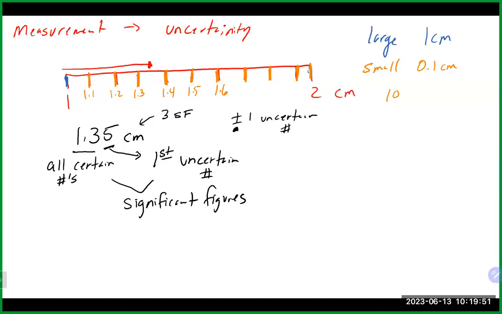Now, it's really important that you always look at the scale that you're using, be it a ruler like this, for example, or a graduated cylinder that has some measurements on it. So, for example, if we had something like this.